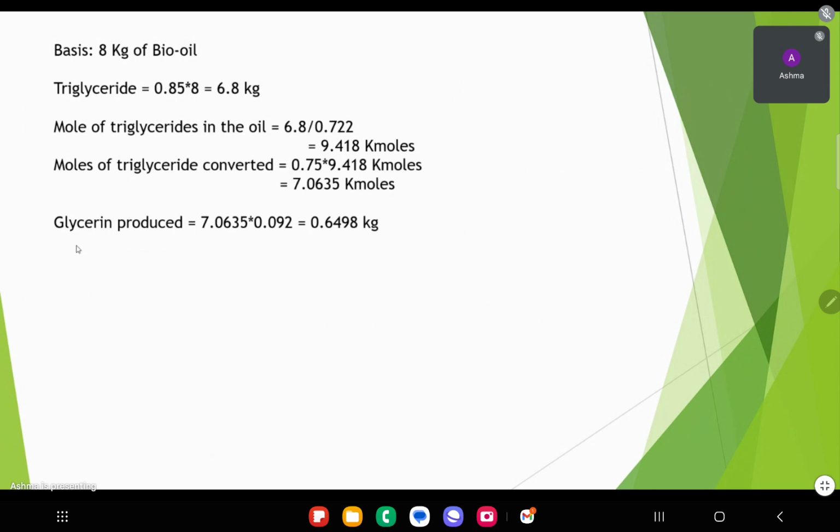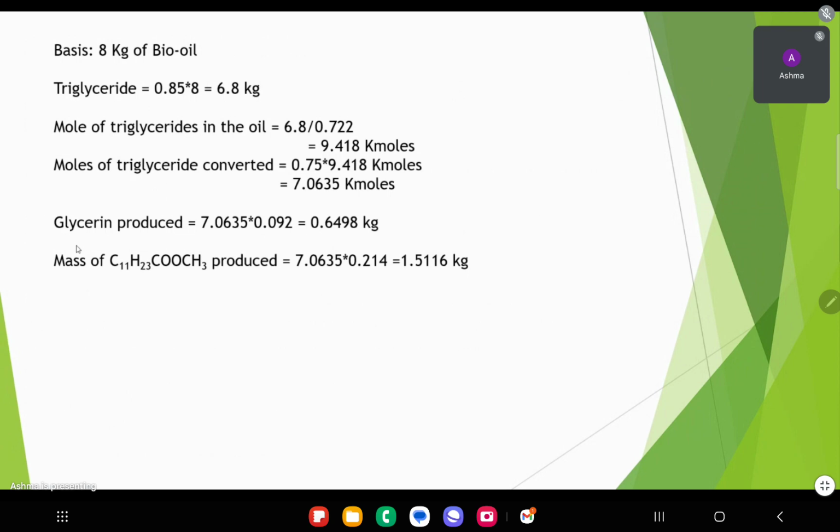So glycerol production will be 7.0635 into the molar mass of glycerol, that is 92 grams, and it will be 0.6498 kg of glycerol.